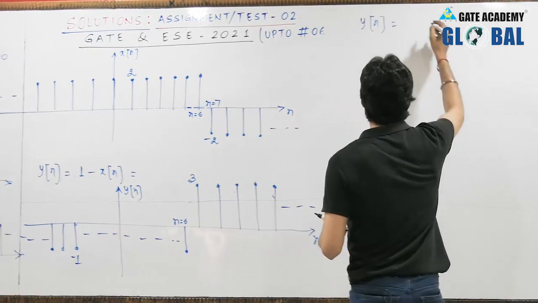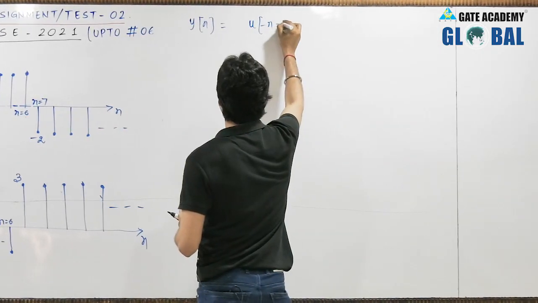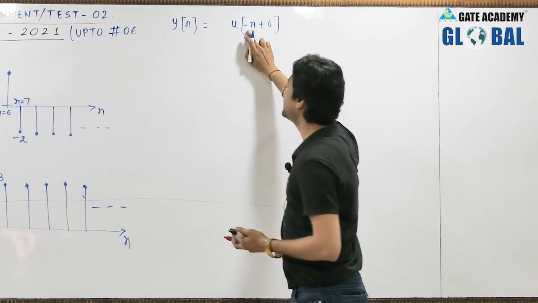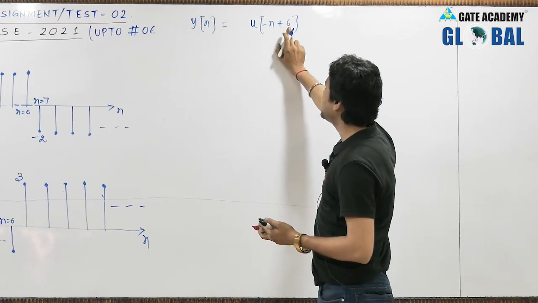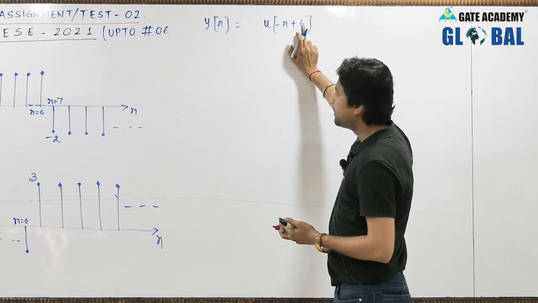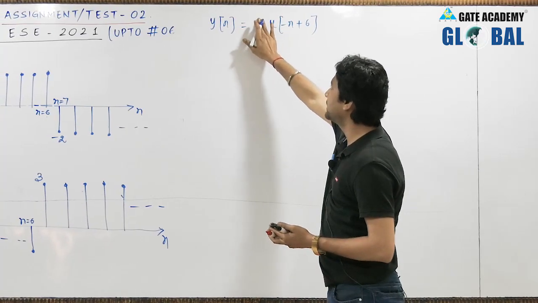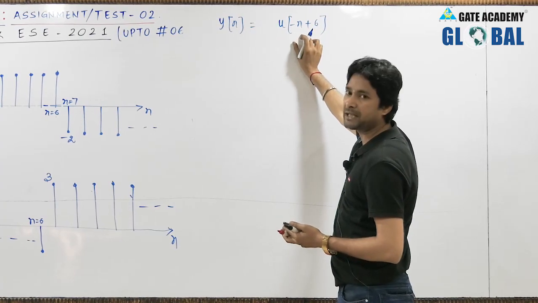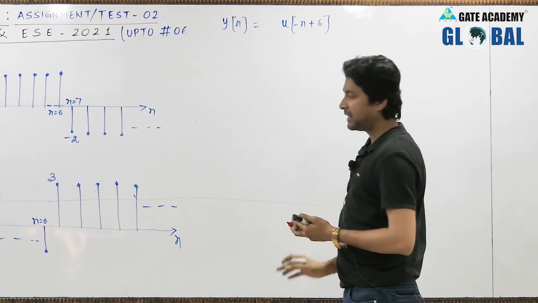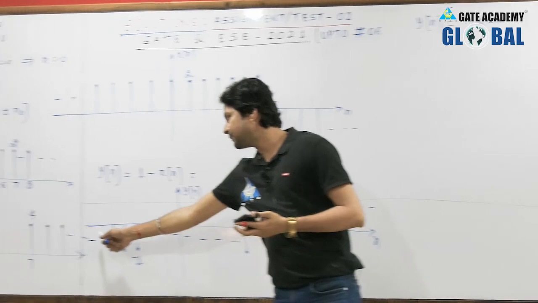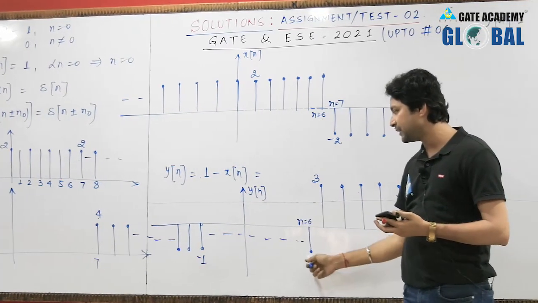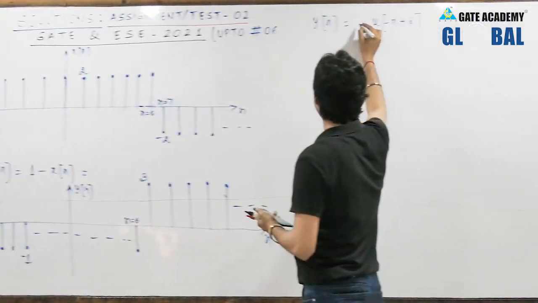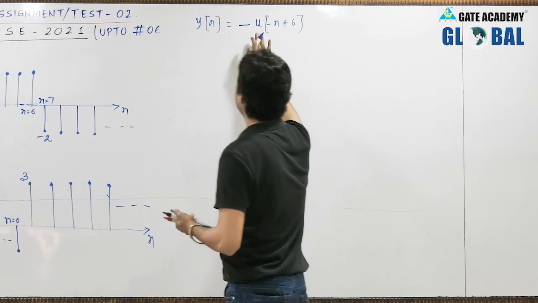We have seen that u of minus n plus 6 means this signal starts from minus infinity and exists up to n equals 6. If you write nothing before this step, the values of this step sequence are all plus 1. But here the value from minus infinity to 6 is minus 1. Therefore, we have to put a minus sign before this term.